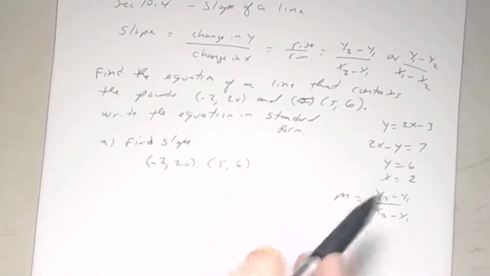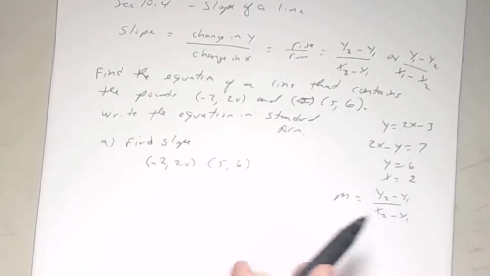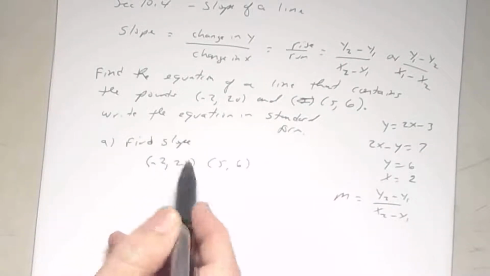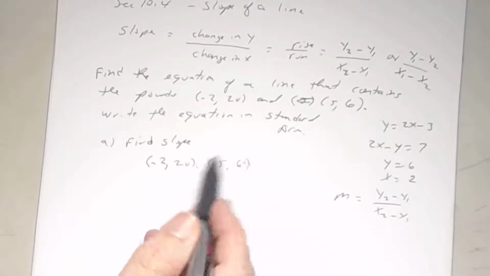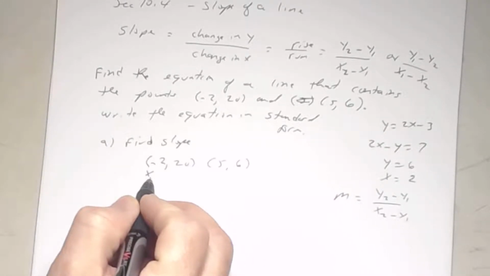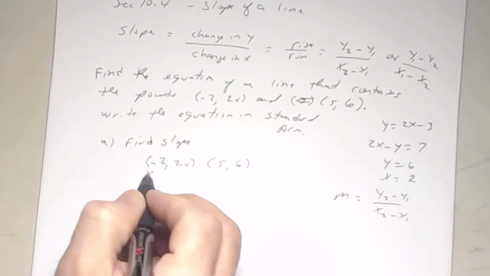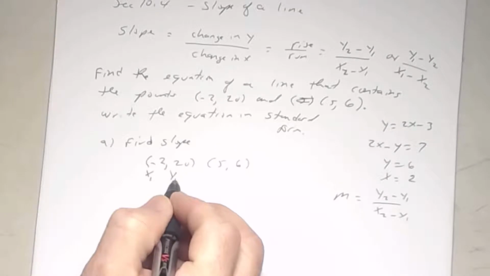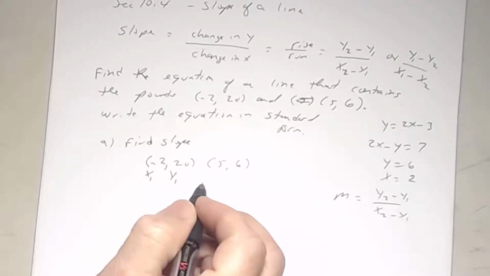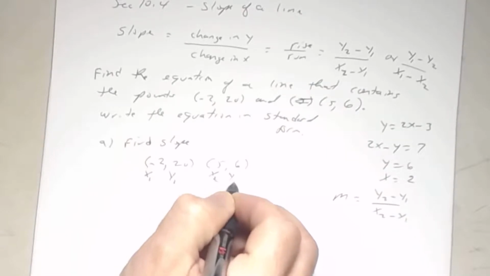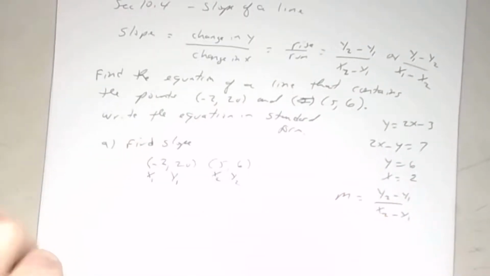The subscripts 2 and 1 come from which point you're looking at. If you call this the first point and this the second point, then this is the x-coordinate of the first point, so x sub 1. Those are subscripts. And this is the y-coordinate of the first point. So label these x1, y1, then this has to be x2, y2. And then all you do is plug these back into the formula.